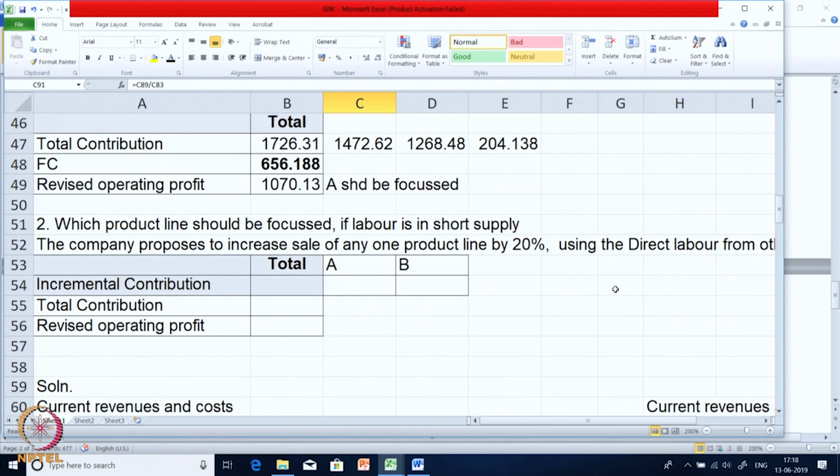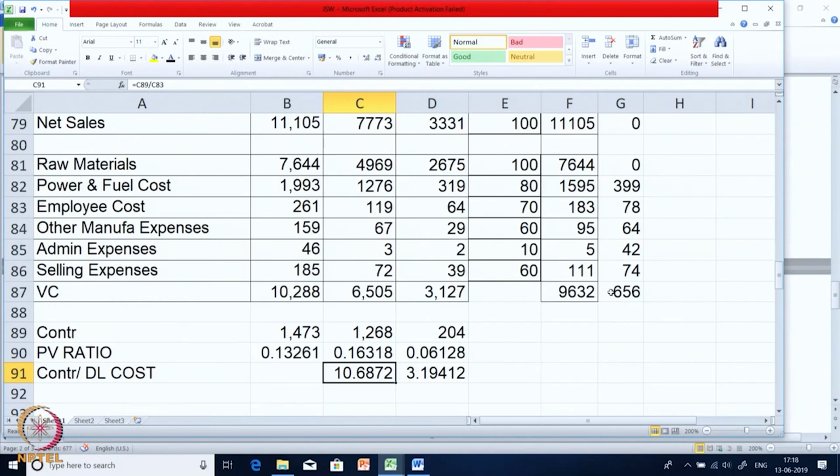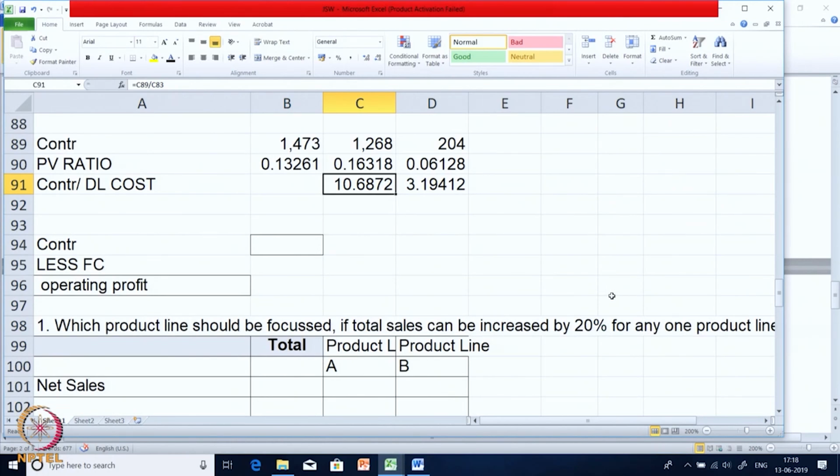So now we have to calculate what will be the incremental contribution of A and what will be the revised contribution.